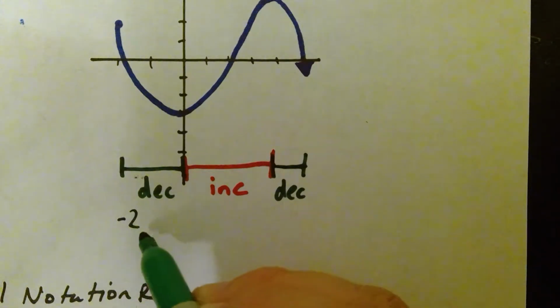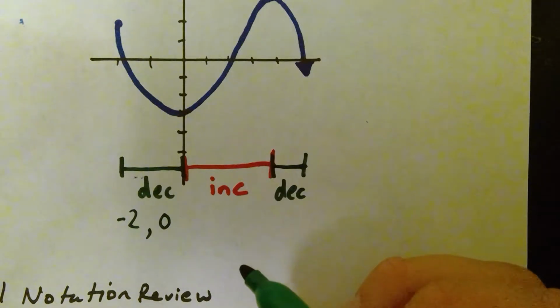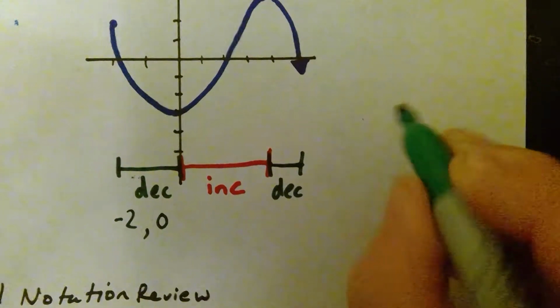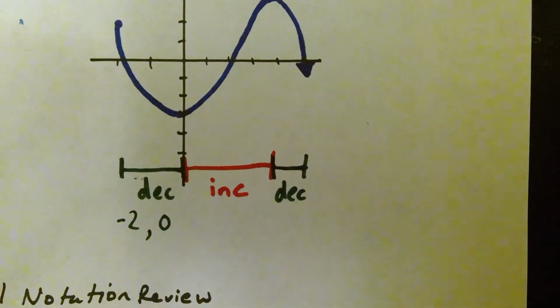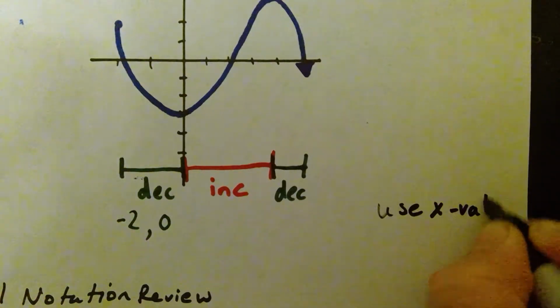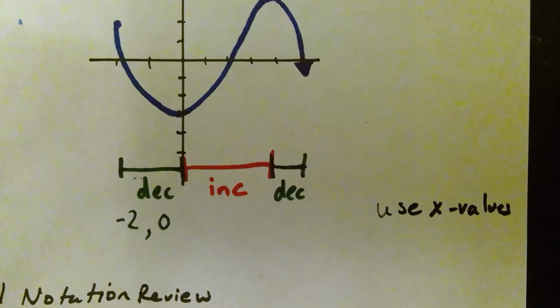Okay. And then on the right side, we went to 0. Now notice how those are my x values. On intervals of increase and decrease, I'm always using x values. So make a note off here to the side: use x values. Okay.